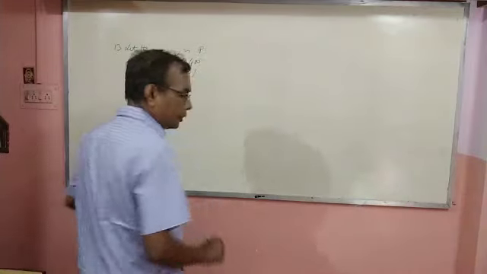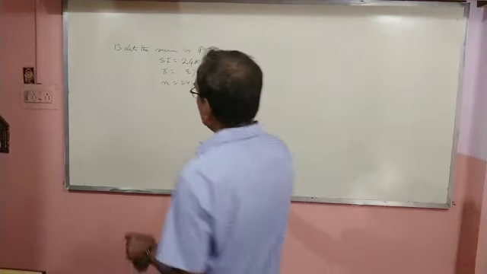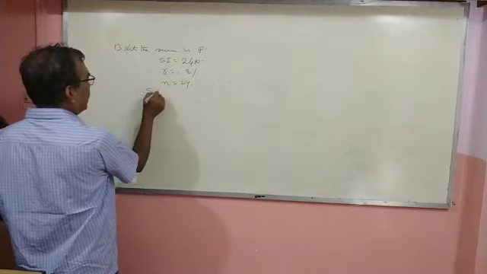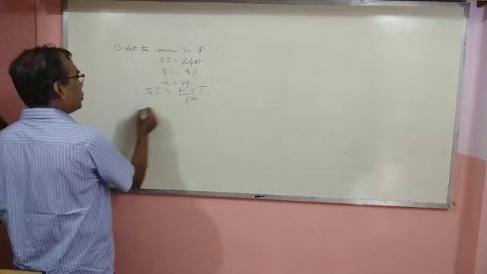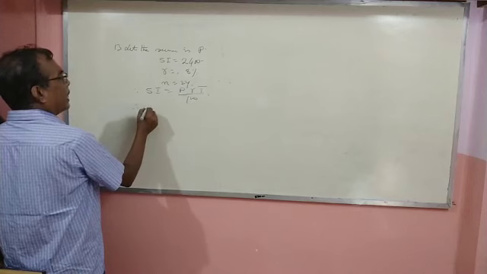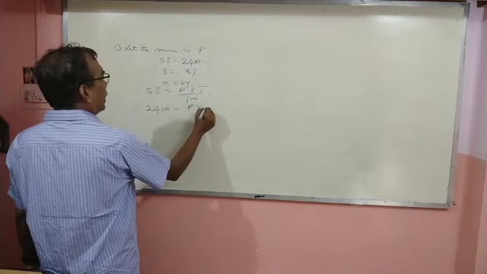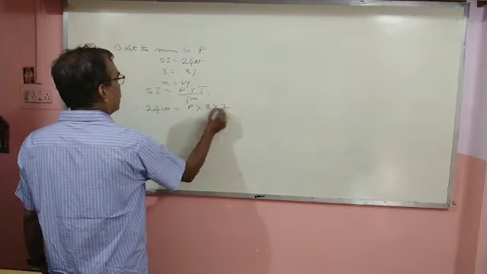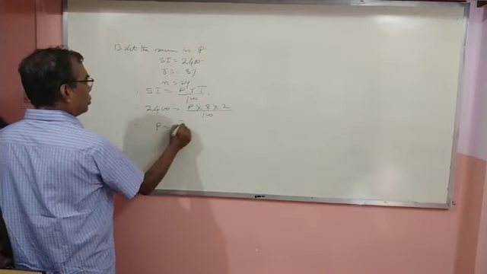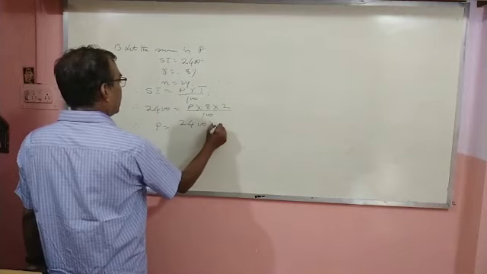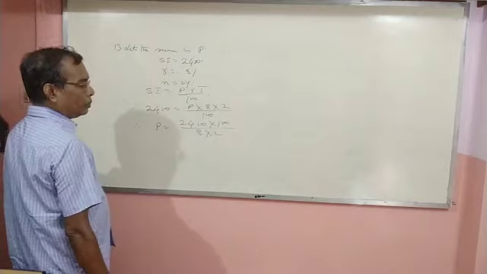Since the formula is SI is equal to PRT by 100. You have seen this particular formula during standard 7. SI is equal to 2400, P we do not know, R is 8%, time is 2 years, by 100. So therefore, P will be equal to 2400 into 100, cross multiplication, by 8 into 2.